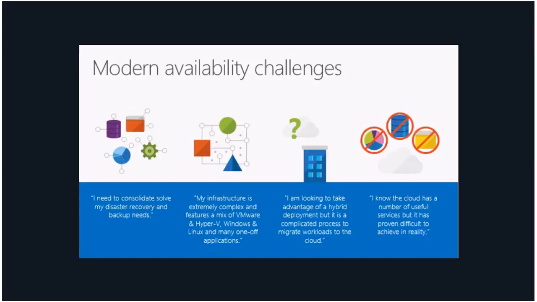And maybe we want to develop a hybrid kind of deployment strategy, but building a hybrid environment can be complicated, and taking our existing workloads in our on-prem data centers today and leveraging the cloud, even though we want to do that, can be a complicated process.